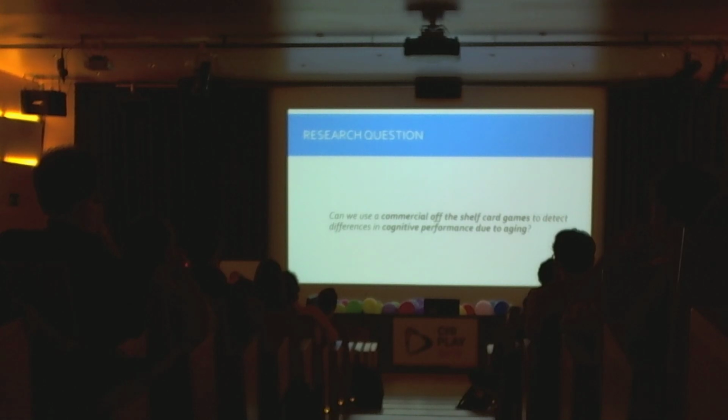But then the problem arrives: how do we get information from these games which we do not have access to? We do not have access to the source code, so how do we get information from there in the form of digital biomarkers?